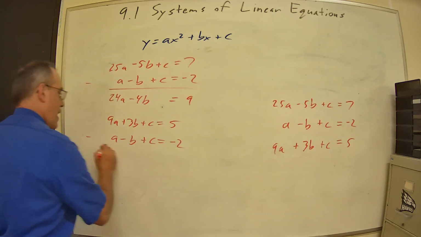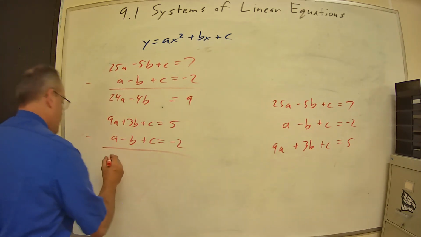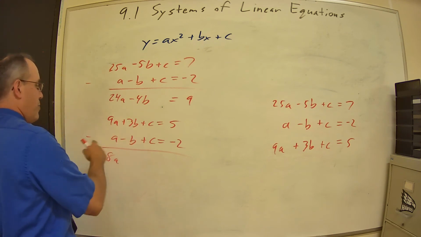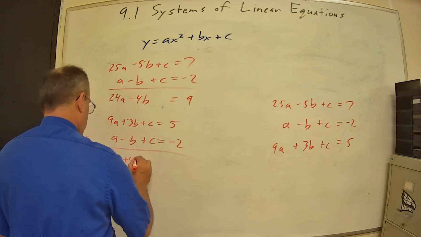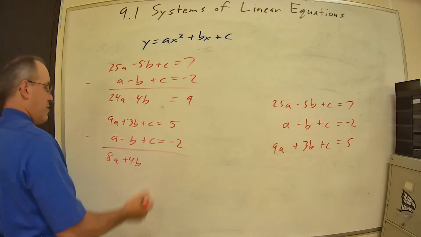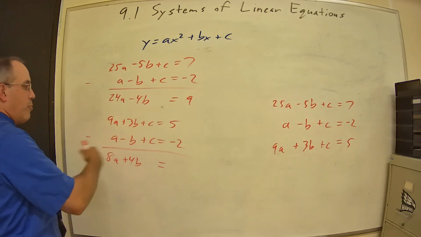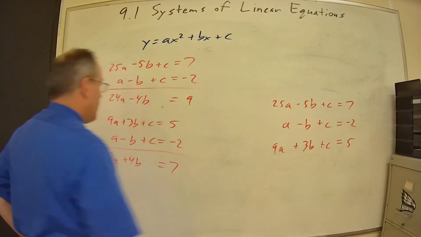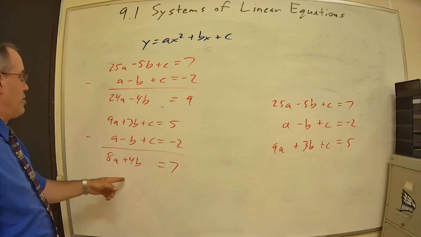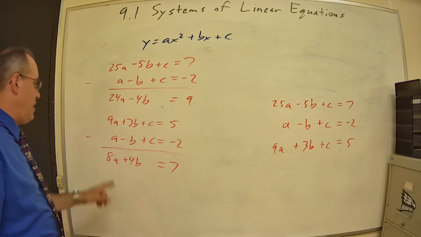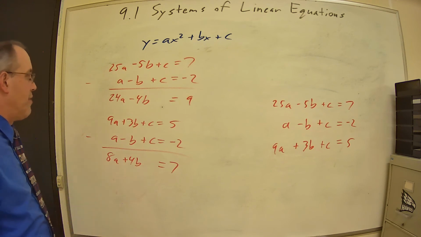And if we subtract, 9A minus A is 8A, 3B minus negative B, or 3B plus B, is 4B, C minus C is 0C, 5 minus negative 2 is 5 plus 2, or 7. So now I have these two equations. 24A minus 4B is equal to 9, and 8A plus 4B is equal to 7.